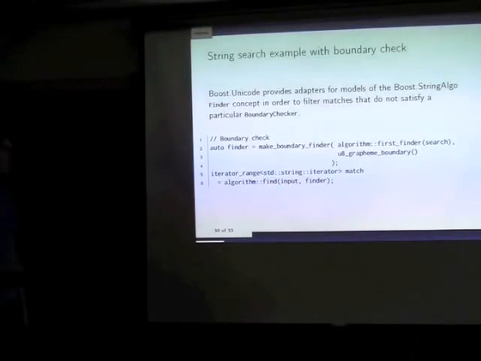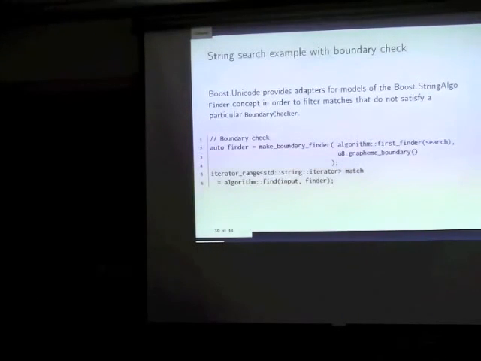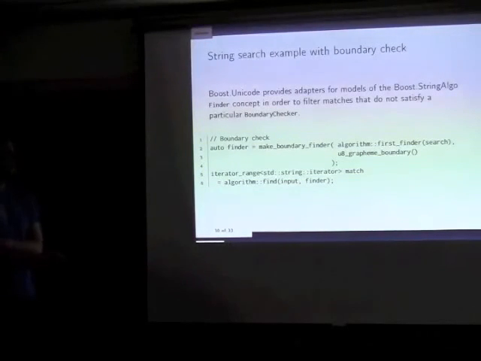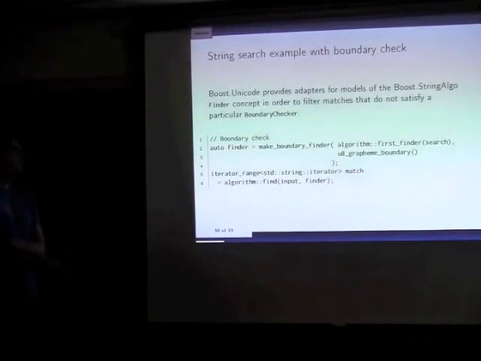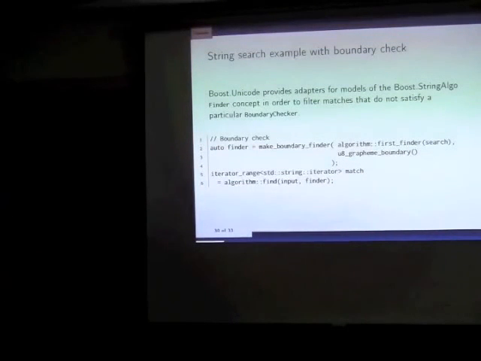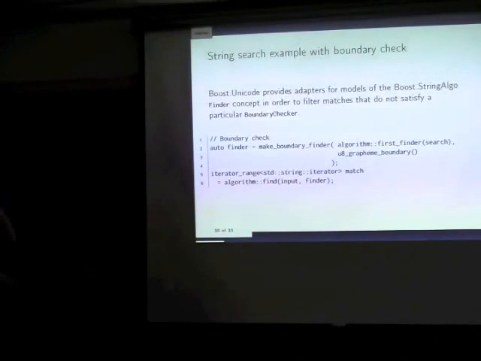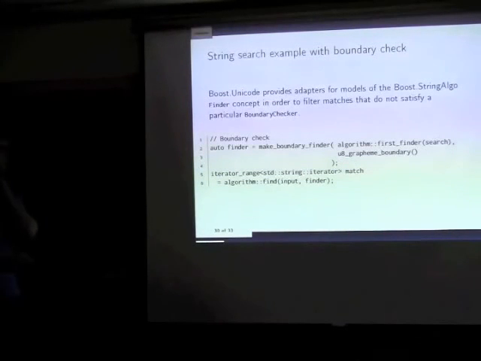So we just need to adapt the finder with a boundary. We will build a new finder which will discard all matches that do not lie on this boundary. And if you do that, you can just call find with the finder, and you will get the iterator range directly on the original input's iterator type. It will be much faster to do it this way.